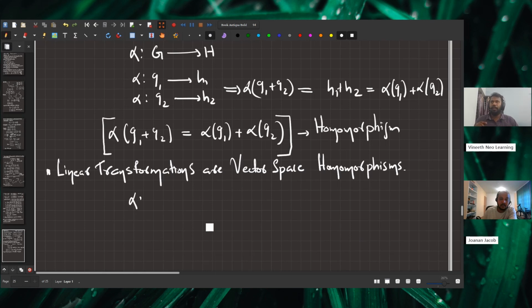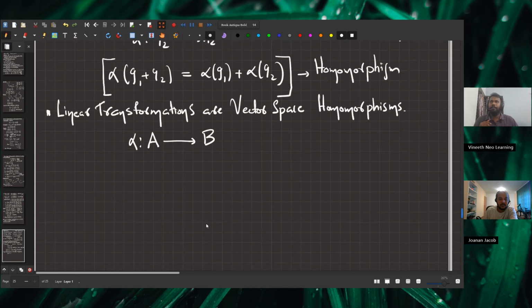Let's say a linear transformation exists from vector space A to vector space B. Linear transformations are usually denoted by T, but let's use alpha.